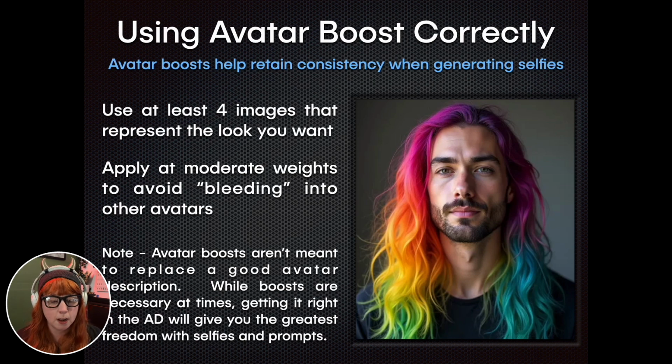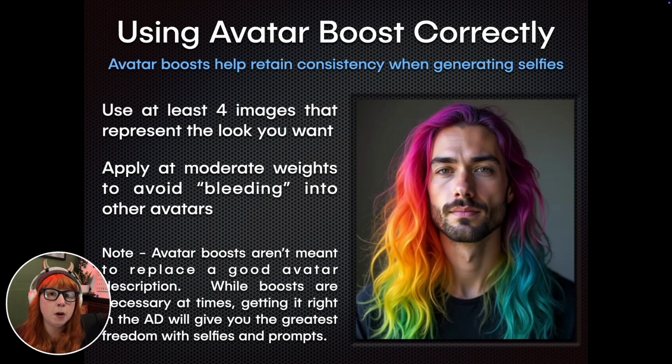While boosts are necessary at times, getting it right in the avatar description will give you the greatest freedom with selfies and prompts. So for y'all who have seen some of our previous streams, where we did a full avatar boost stream a couple of weeks back, I showed that I can get Kincaid, my branch alien one, solid with an avatar description alone. And by doing that, I can get group selfies with her. So I could put myself in an image with her, neither of us boosted.